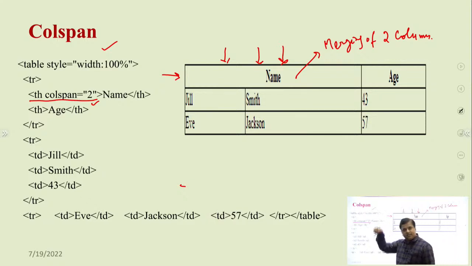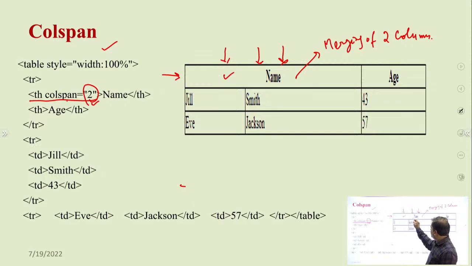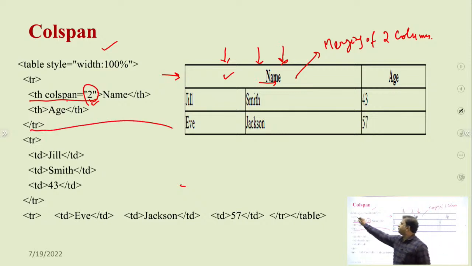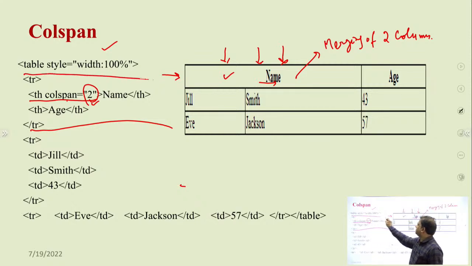Write in the same place, in the table heading, colspan equals 2. It will start from here and move up to the second only. So it will merge these 2 columns. Whenever you see the output of this first row, you will see that the 2 columns have been merged.